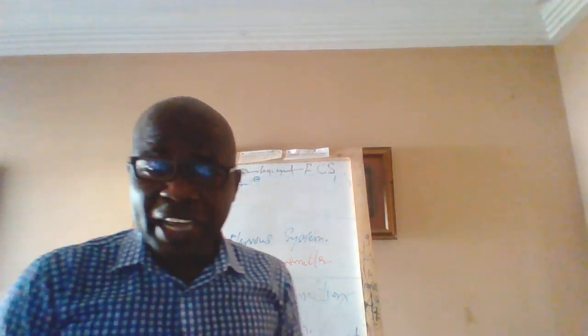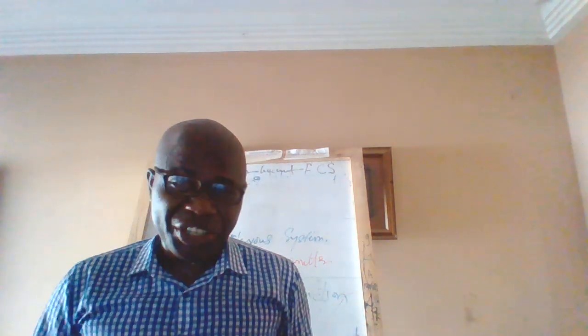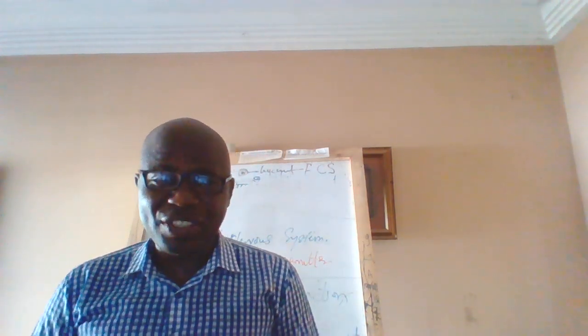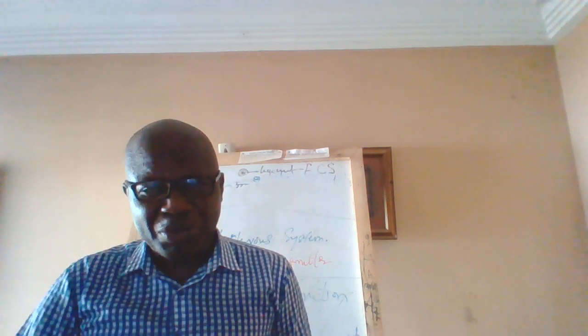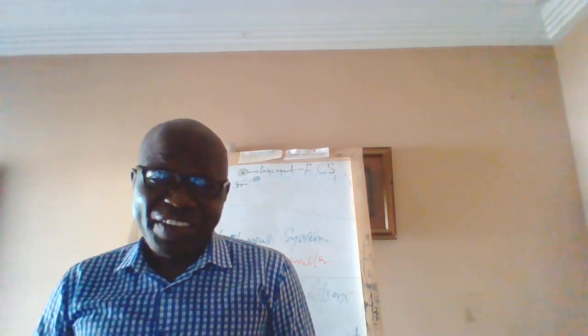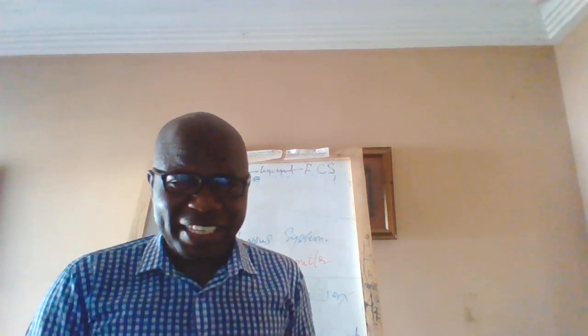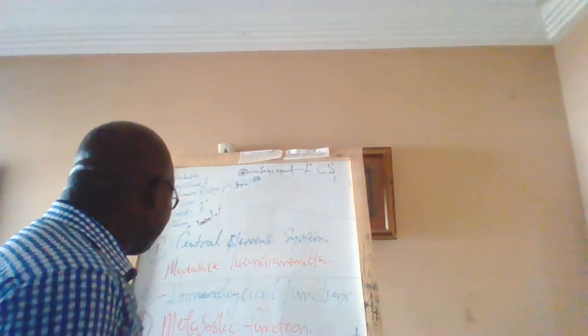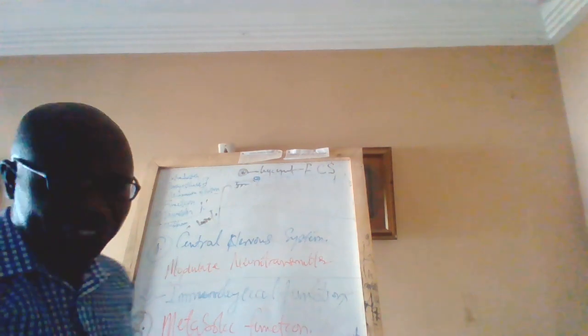So people taking cannabis sativa as a recreational substance tend to have more increase in food intake because of these molecular activities that happen at the level of the brain. That is the metabolic function.